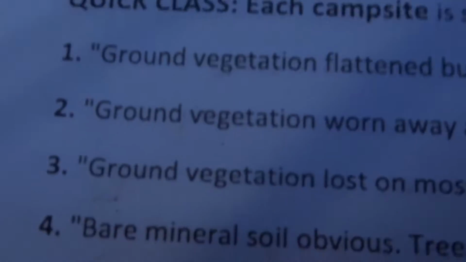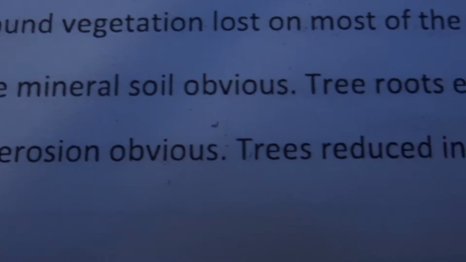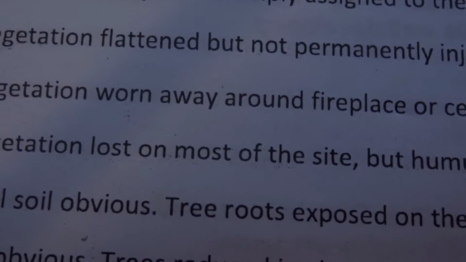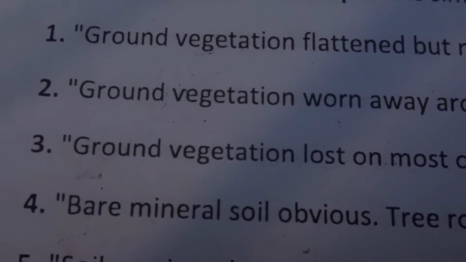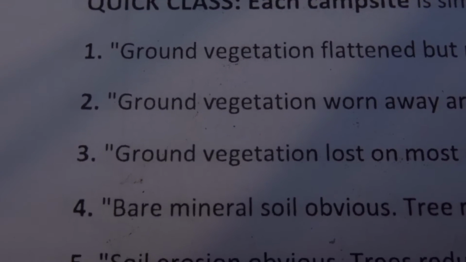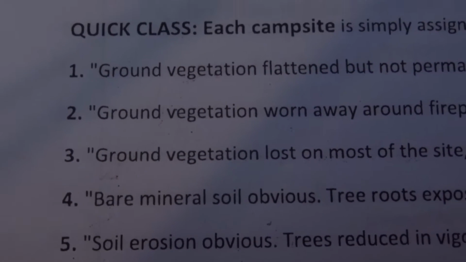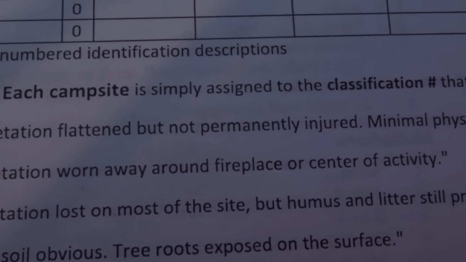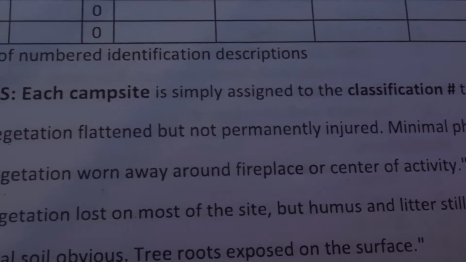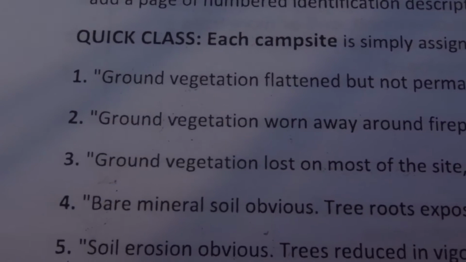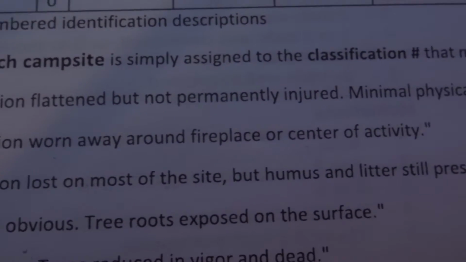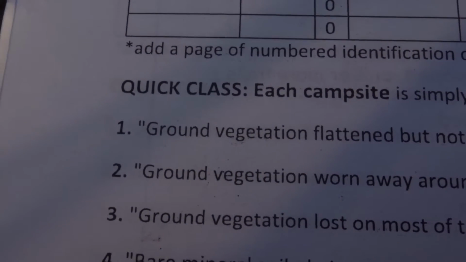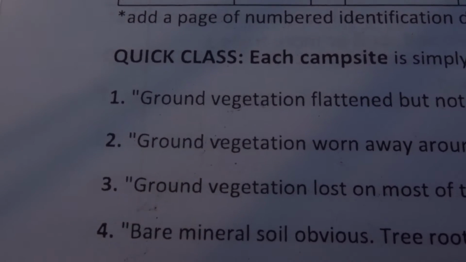And then the 5th one, soil erosion is obvious, trees reduced in vigor and dead. So I don't think we're there. So for our quick class, we're choosing between ground vegetation worn away at the center of activity, which in this case is the tent, and ground vegetation lost on most of the site, but litter still present. Yeah, if we have to, I want to pick 2.5.